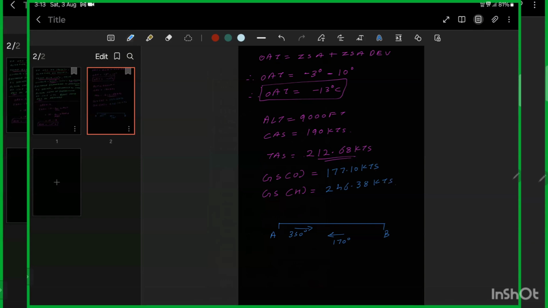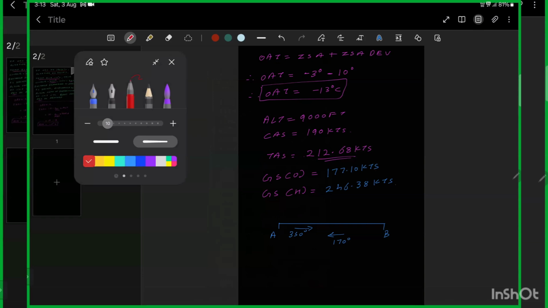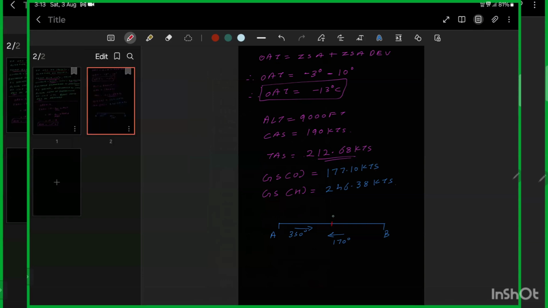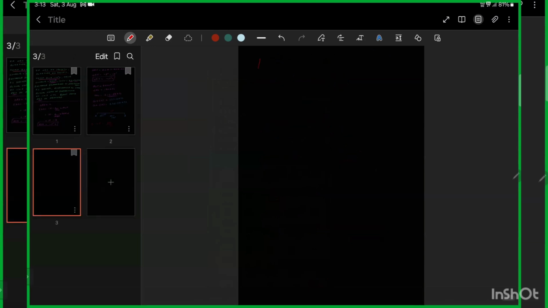Now what you have to find out is the critical point, the distance to critical point or point of equitime. What is the formula? dH upon O plus H. Let me write it down on the next page. Distance to CP is equal to dH upon O plus H. How much is d?